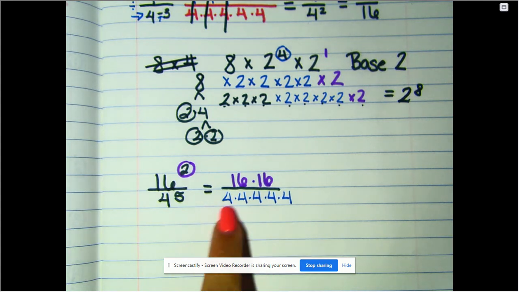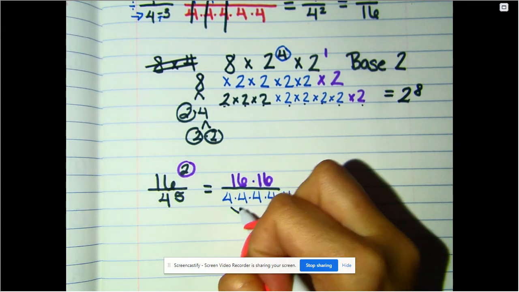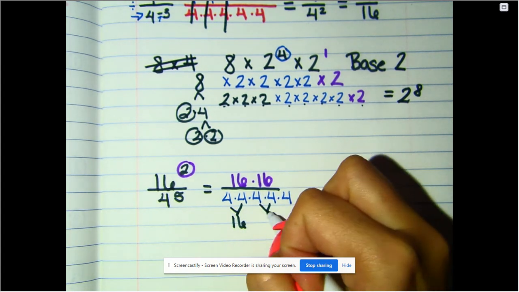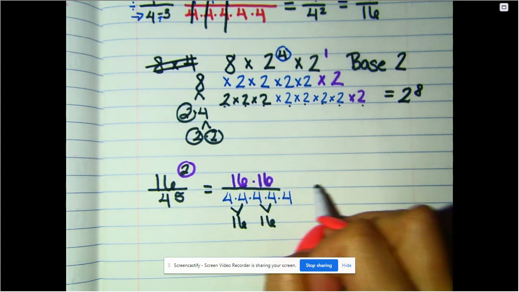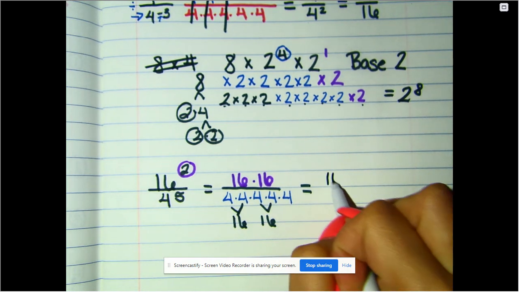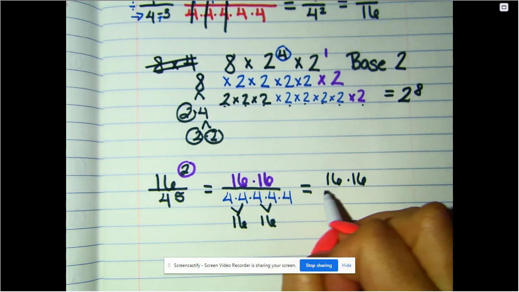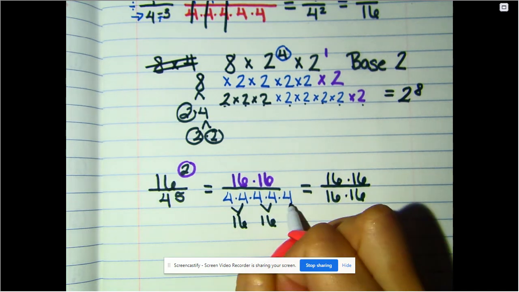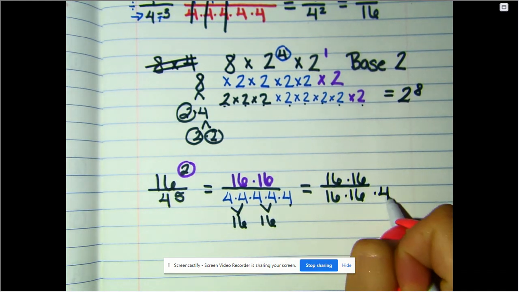Well, I noticed that 4 times 4 does equal 16. So I'm going to change this. These two 4s are going to become a 16, and these two 4s are going to become a 16. So when I rewrite it, I have 16 times 16 on top, 16 times 16 on the bottom, and I still have that times 4 hanging out.